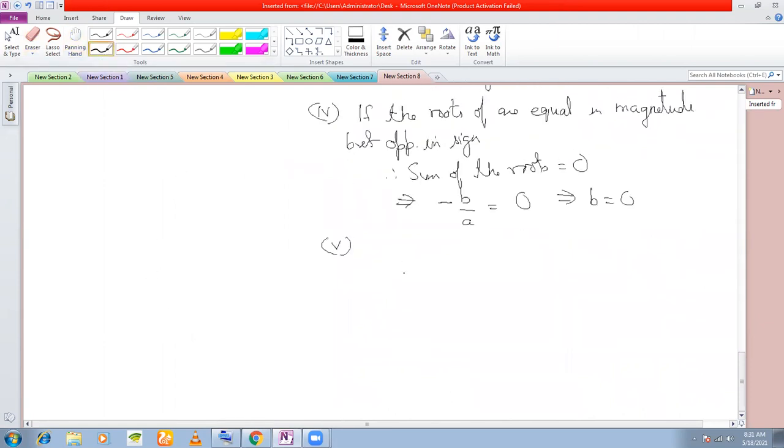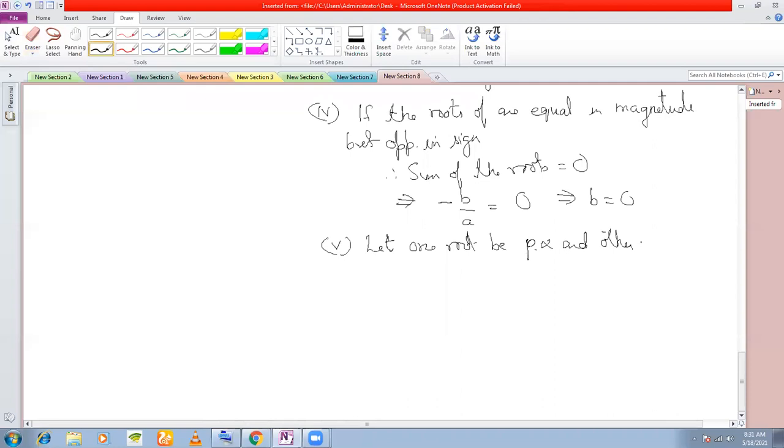So here you have roots are in the ratio p is to q. So I start by saying if the roots are in the ratio p is to q, let one root be p alpha, no, it has to be p alpha because they are in the ratio p is to q.